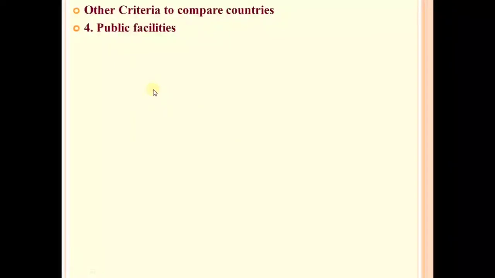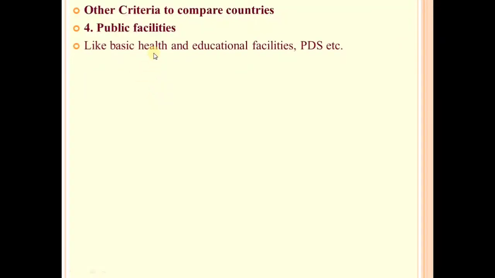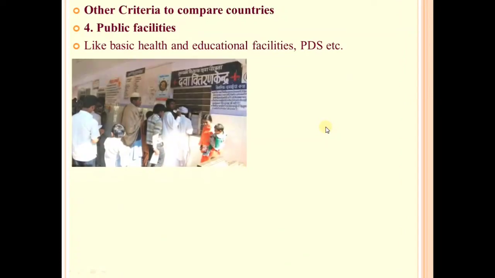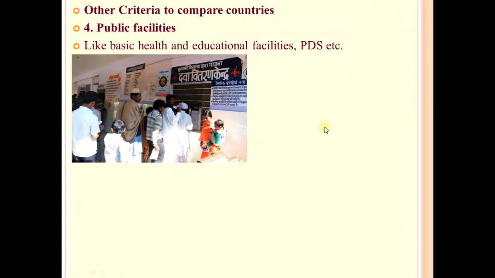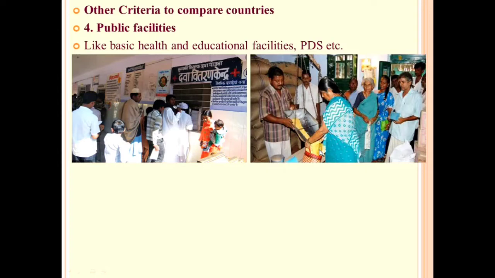We know that healthcare and educational facilities are very important for development of any nation, and especially for a poor country like India, PDS, public distribution system, is also very important, because if there is more equal distribution of food grains, then nutrition level would be more and health of people would be better, and hence it is very important to take these criteria also into account.